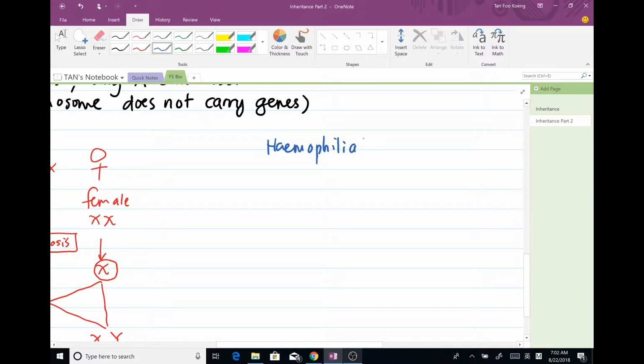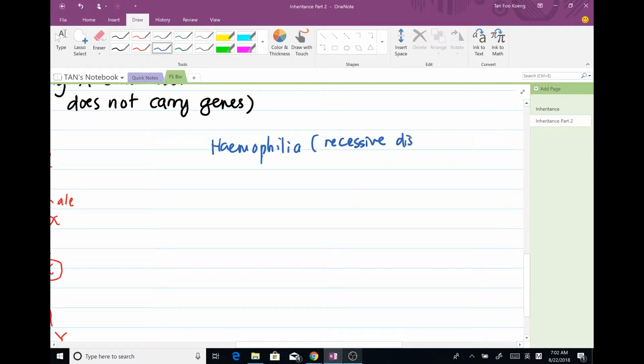Now, given that hemophilia is a recessive disease, that means to say that that person can only get hemophilia if he is homozygous recessive.